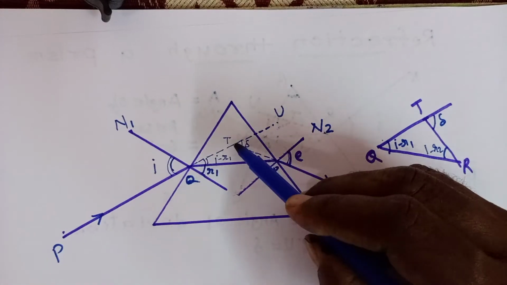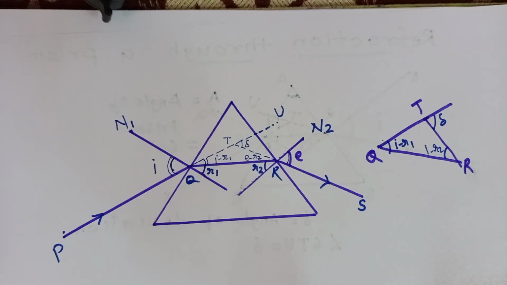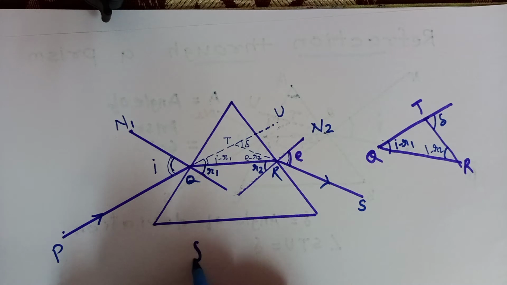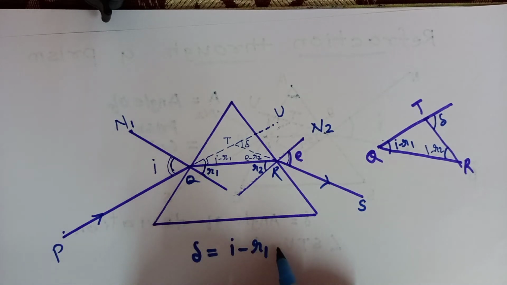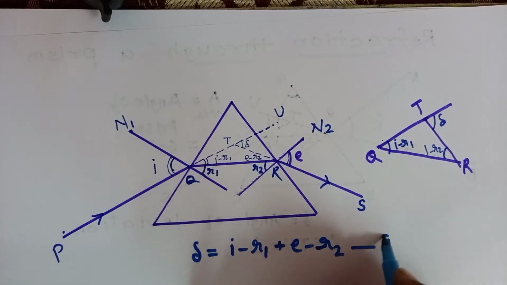The exterior angle is the sum of the two interior angles. So delta is equal to I minus R1 plus E minus R2. Equation 1.